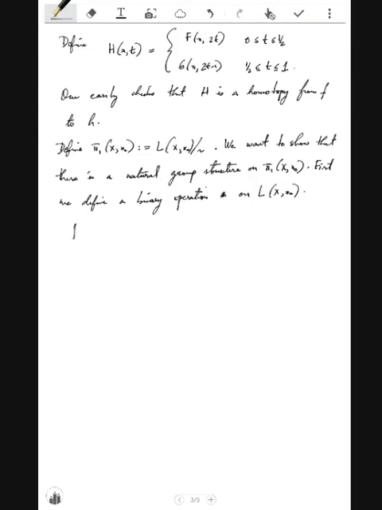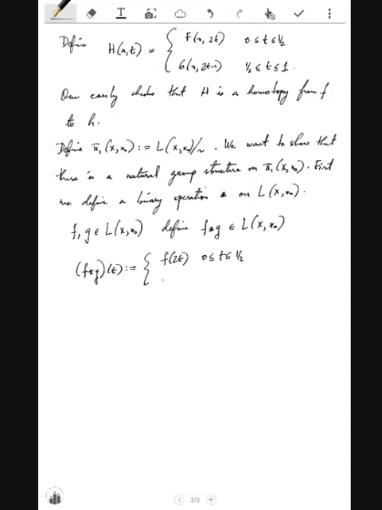So given two elements f comma g in two loops at x0, define f star g, again which is going to be a loop at x0, as f star g of t equals f of 2t for t in 0 to half, and g of 2t minus 1 for t in half to 1.